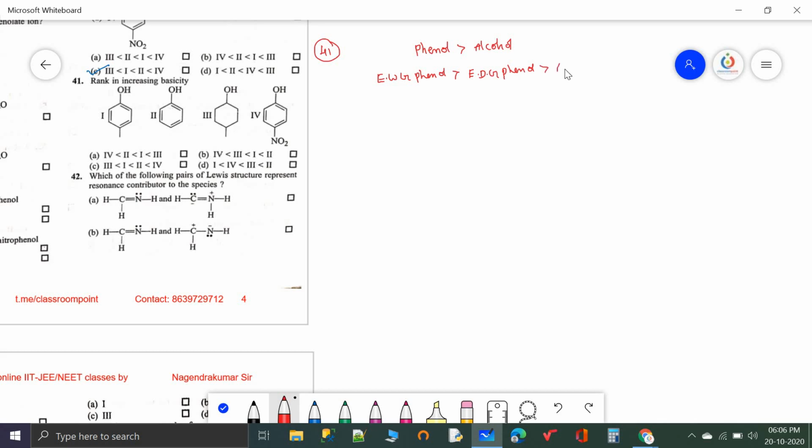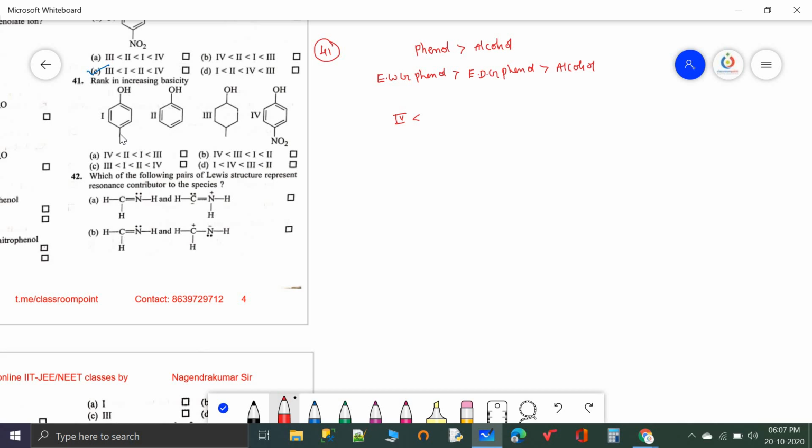Then the alcohol. So we need to follow this type of procedure. Among all these, this compound has the electron withdrawing group at the para position. So this is the strong acid, meaning weak base. So the basicity of the fourth compound is less. Then we have to search for the next strong acid.